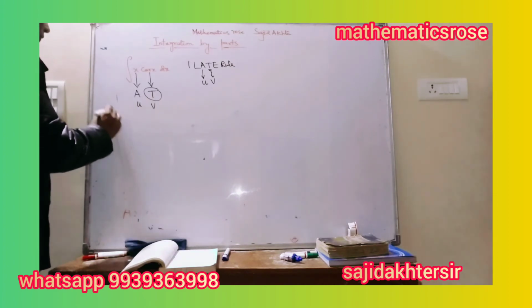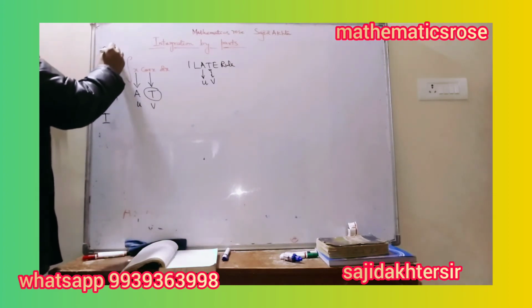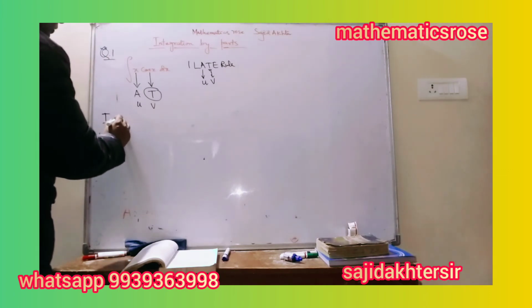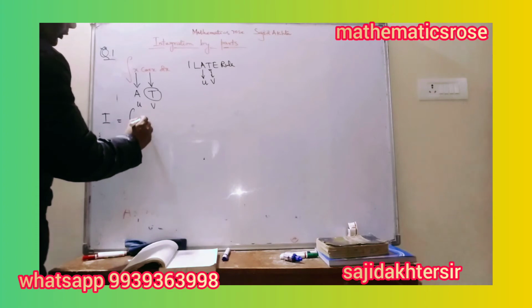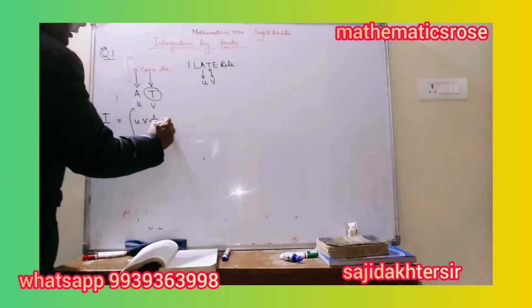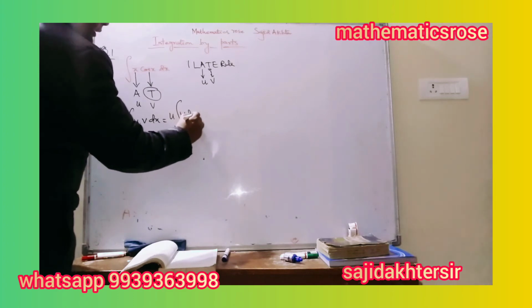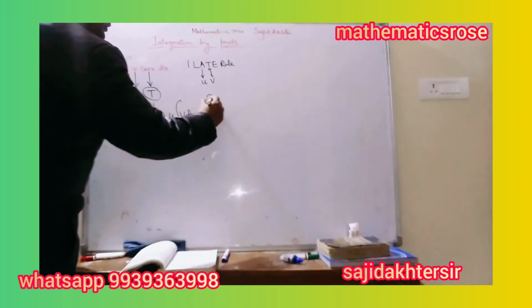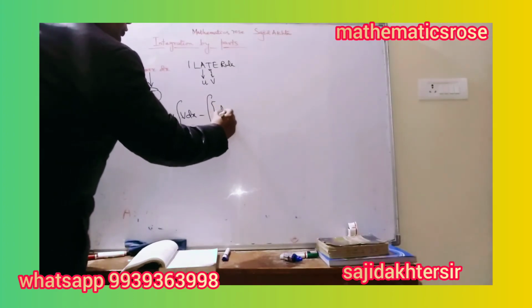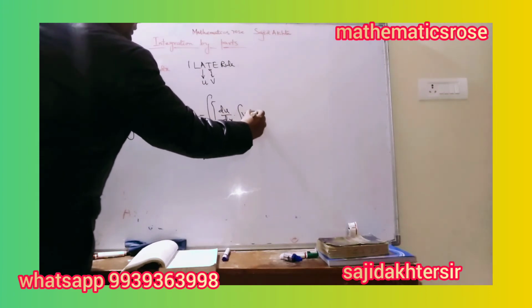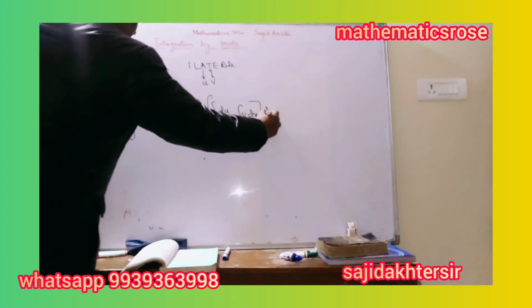Now we have to integrate. This is question number 1. You know that the integration of u v dx is equal to u times the integration of v dx, minus the integration of the differentiation of u times the integration of v dx, into dx.